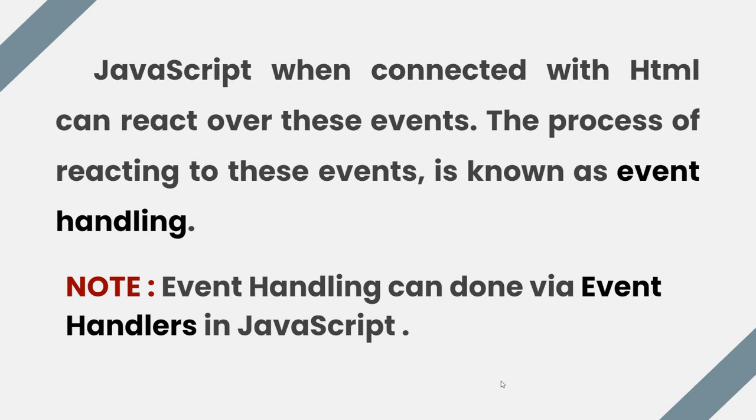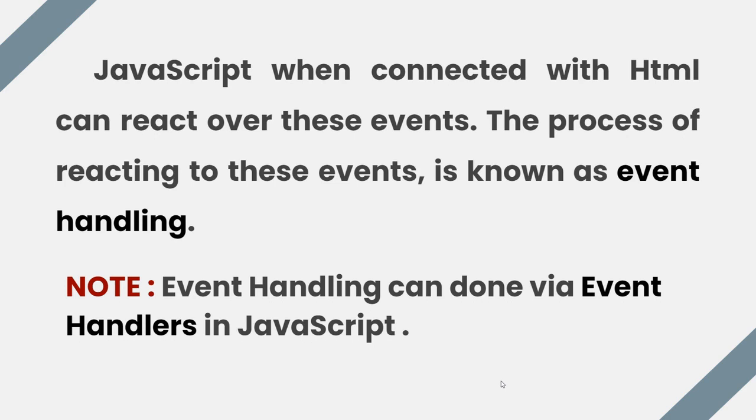Now, the process of JavaScript reacting to these events that have taken place, which could be a person clicking a button, you resizing the browser window, or you performing a particular action on that web page. It could even be as simple as typing your name in an input field. That is also an event. So you perform that event, JavaScript can react to it.